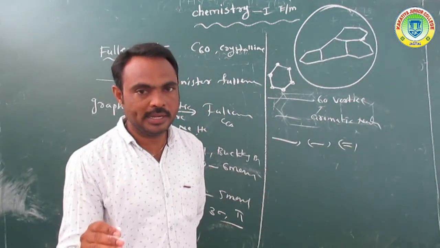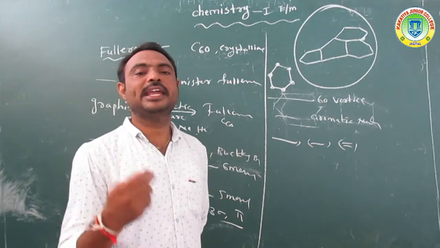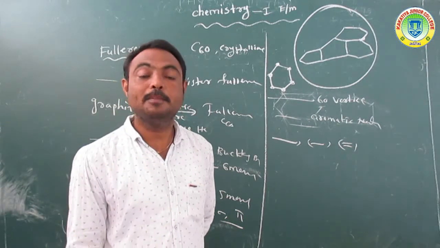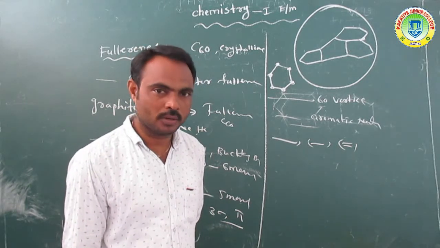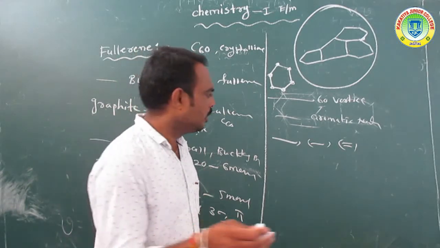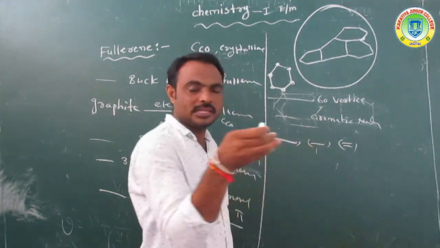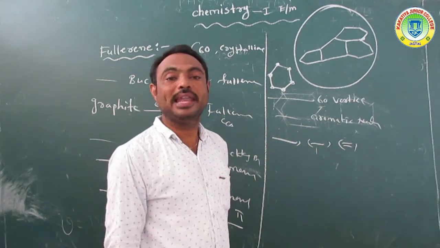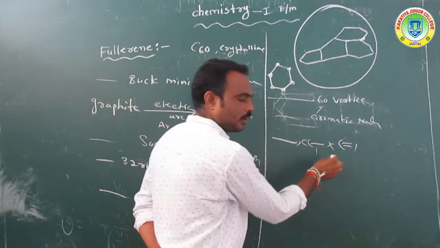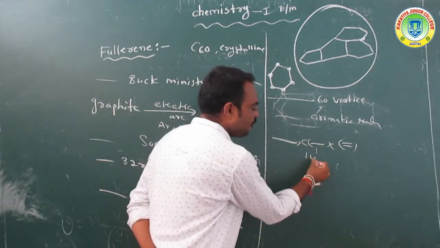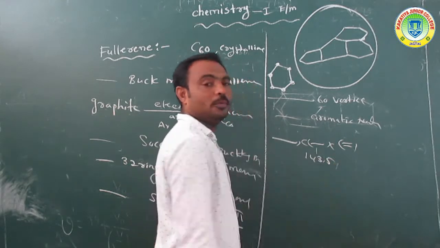Okay, in this fullerene, some places contain single bonds, some places contain double bonds. In the single bond, the bond length, the bond distance between carbon and carbon, is how much? 143.5 picometers.